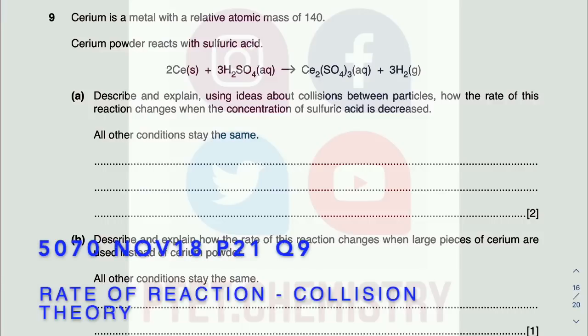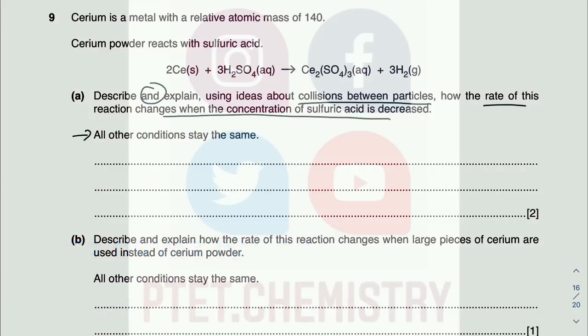Okay, next bit. Cerium. Cerium is Ce there. You need to describe and explain ideas about collisions between particles, how the rate changes when concentration decreases. You don't change any other thing. So as the concentration of sulfuric acid decreases, concentration is the number of moles per dm cube.